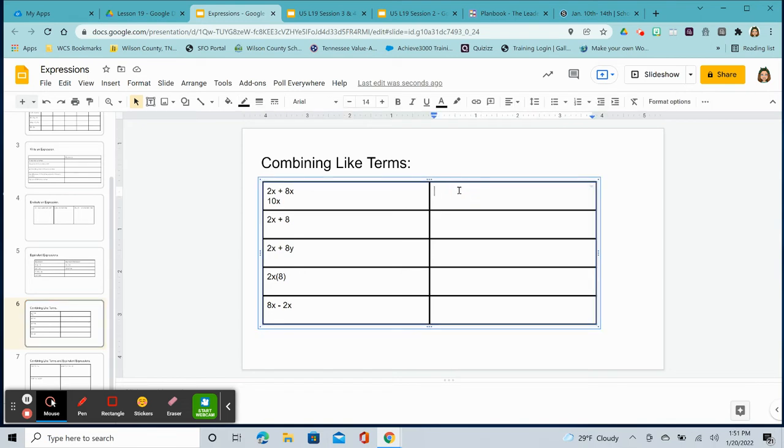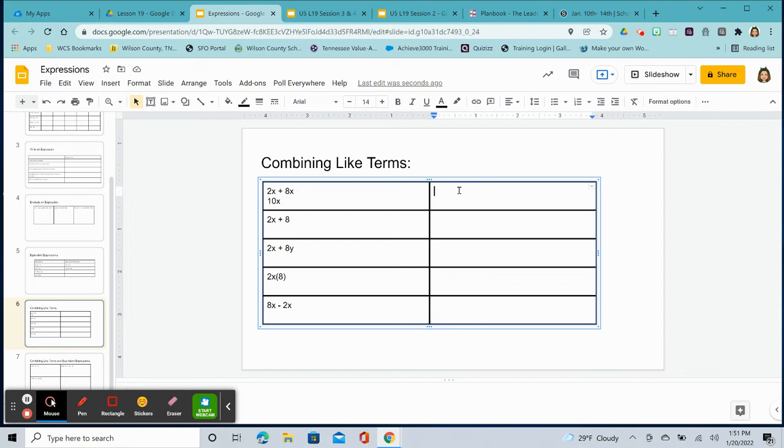So it's extremely important for you to know that when you have terms in an expression, anytime you have terms that are the same, you can combine them together. Well, what qualifies as a like term? Well, they either have to have the same variable or they have to both not have a variable, unless it is multiplication or division.